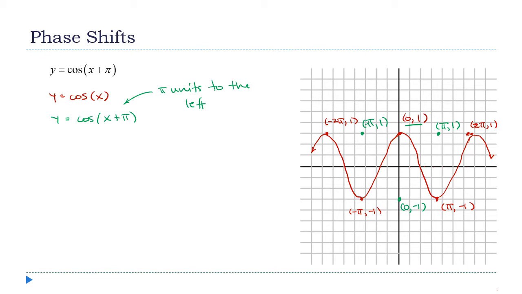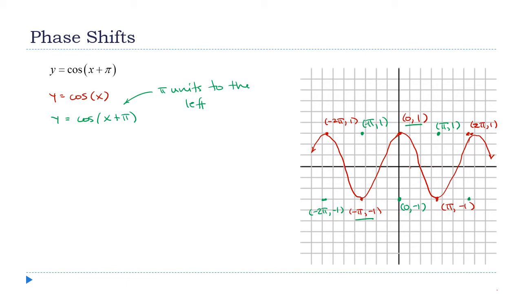And this point down here gets moved to (negative 2 pi, negative 1). And let's get one more here. If there's a minimum at (0, negative 1), then the next minimum to the right will be at (2 pi, negative 1).